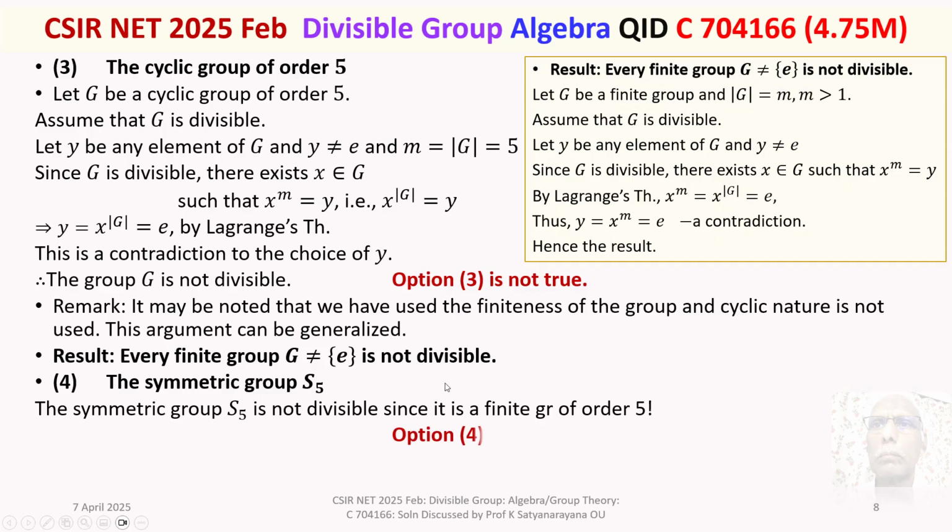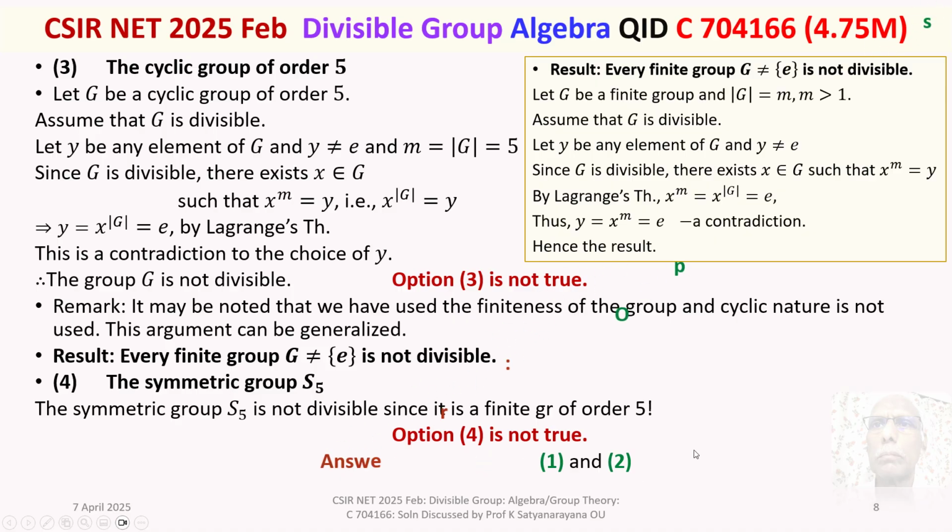So this is not divisible, and option 4 is not true, meaning that the group given in option 4 is not divisible. Right. Summarizing all the options, the answer to this question is options 1 and 2.